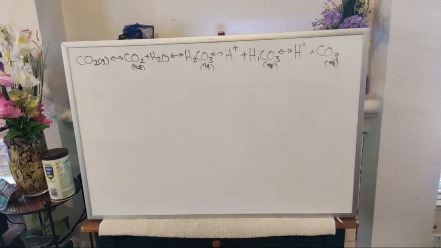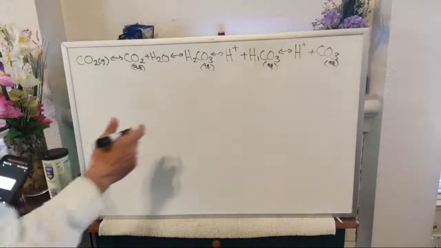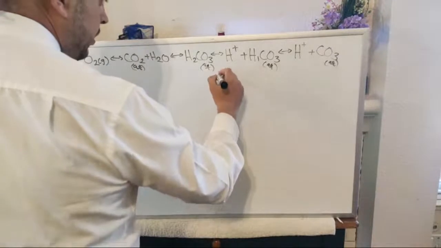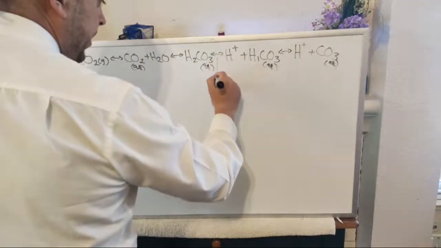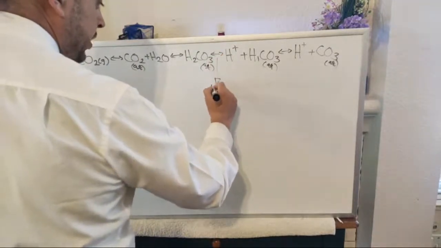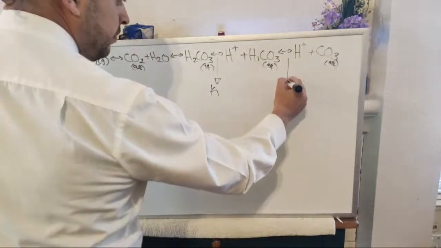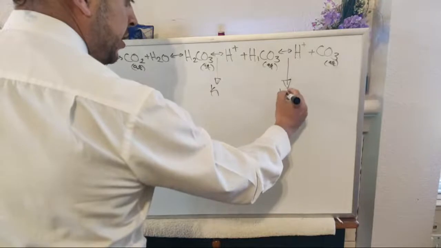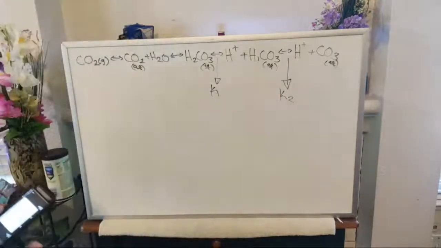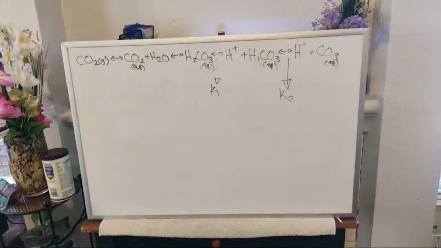Hold up. Because I'm kind of lost. Okay, K1. So right where this arrow's at, I'm gonna write a K for an equilibrium constant, and then over here, same thing. I'm gonna call this K2 so you guys know what I'm talking about.